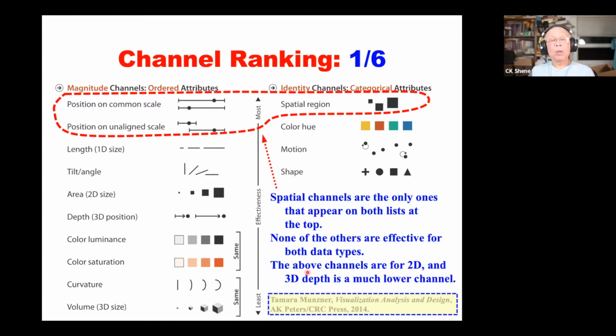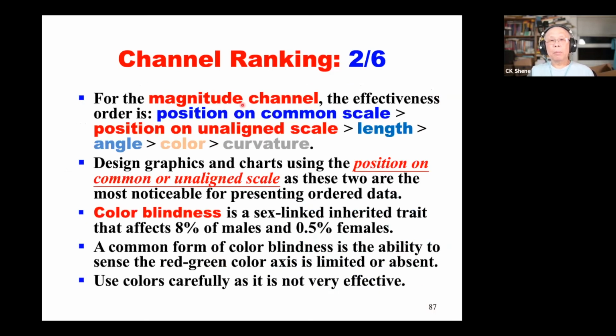So remember, when you want to present your graphics, make sure to use the topmost channels in order to make your visualization very effective. So for the magnitude channels, in summary, the effectiveness order is position on common scale, position on unaligned scale, followed by length, followed by angle, followed by color, followed by curvature. Design graphics and charts using position on common or unaligned scale, as these two are the most noticeable for presenting ordered data.